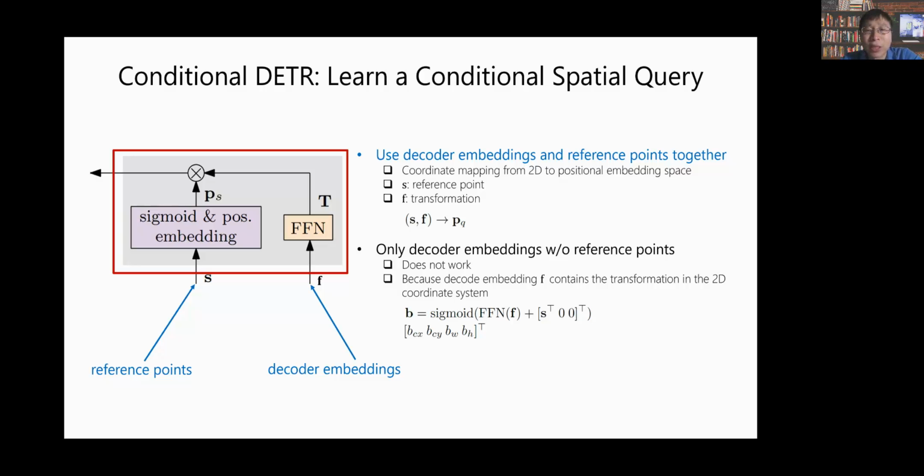Actually, in our experiments, we found that learning reference points, or using object queries to predict the reference points, is better than using the 2D coordinate origin (0, 0). We also observed that if we do not use the reference points and only use decoding embeddings to formulate the spatial queries, the results are bad.